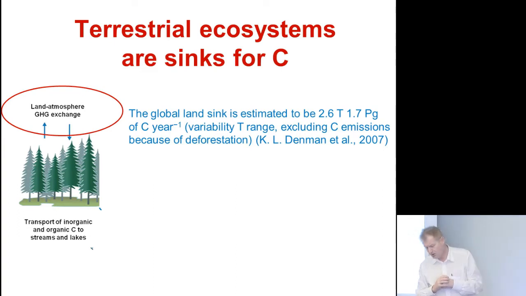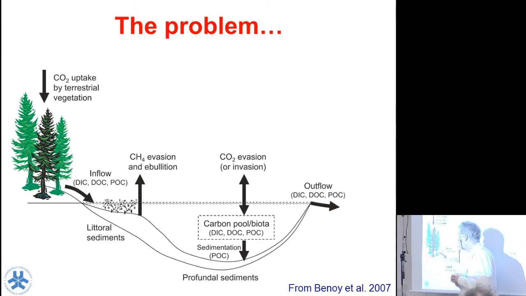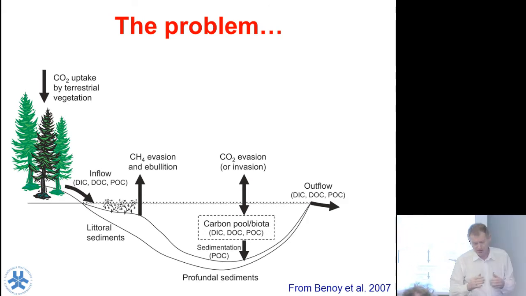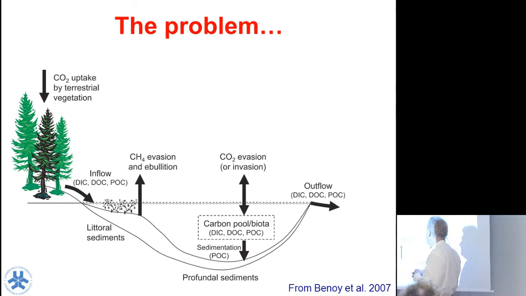And we know that to a large extent this sink is in the boreal region, where we have the boreal forest. So what's the problem? The problem is that when we have an uptake of CO2 in the vegetation, we also get an increase of the carbon in the soil. And as we heard earlier, that was maybe good, but also, as Johan commented, we don't get that much of a build-up.